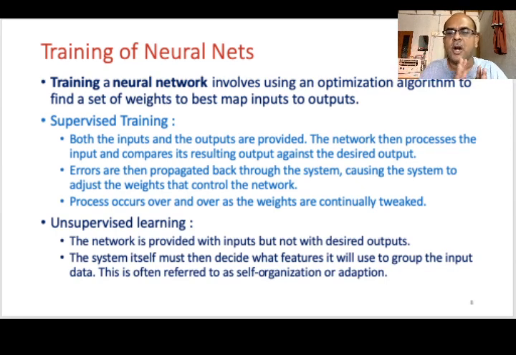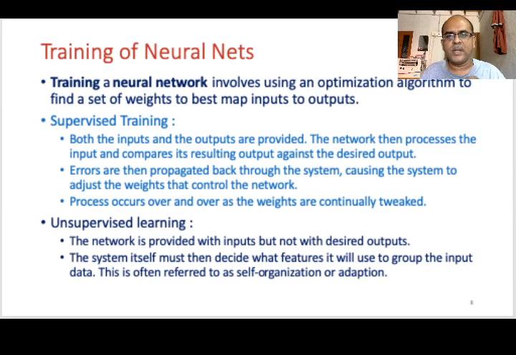The resulting output is what is computed by the neural network. I have given a desired output, it will be compared, and then you can find the accuracy, the true positive, true negative, and all other statistical parameters. The errors are then propagated back to the system so that the system can adjust its weights and provide better results.